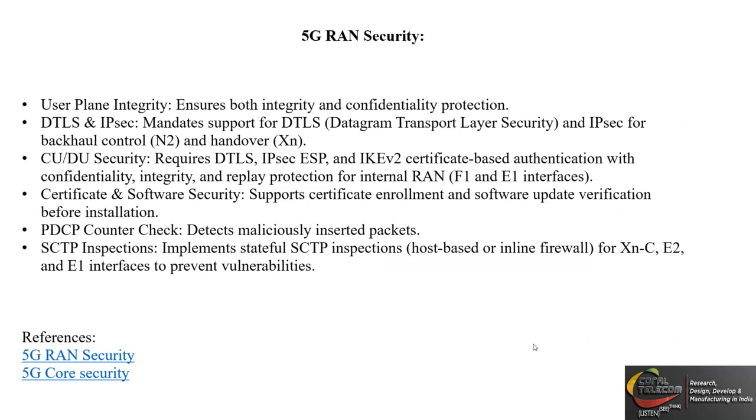All these mechanisms are used in 5G RAN security. There are some other things as well, like CU security checks, DTLS and IPsec checks, then certificate and software security, PDCP counter check, and then HTTP inspection.